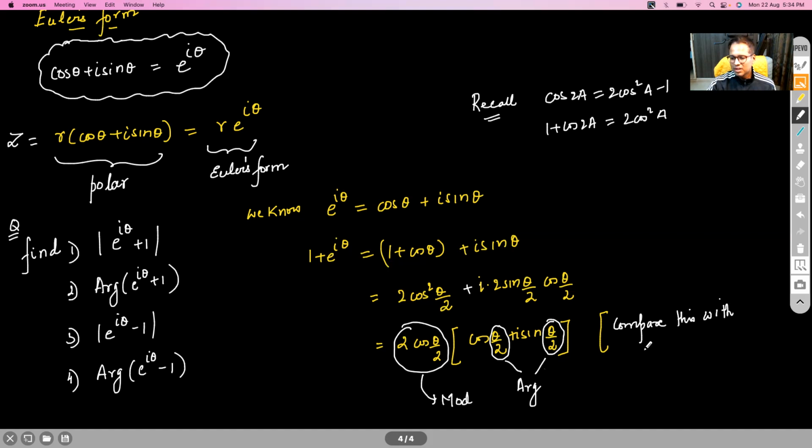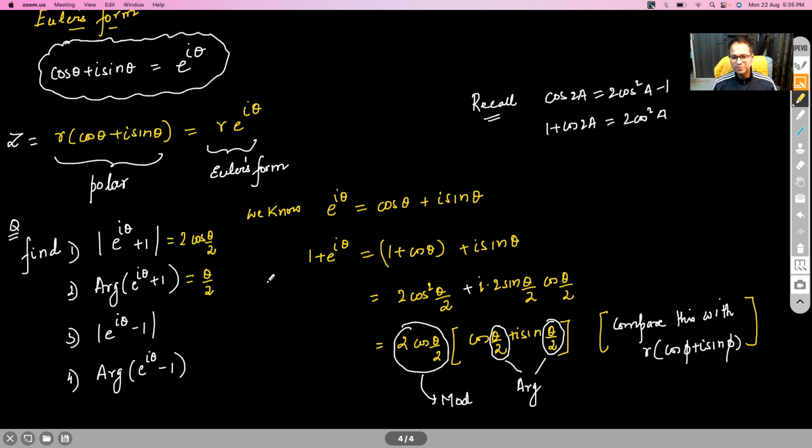So your r will become 2 cos theta by 2. And theta itself, let me not write theta here, let me write phi, because else it's not right to say theta is theta by 2. So phi is your theta by 2. Okay, so the answer to the first part: the modulus of e to the power i theta plus 1 is 2 cos theta by 2. Remember this result because many times it is helpful. Argument is theta by 2.